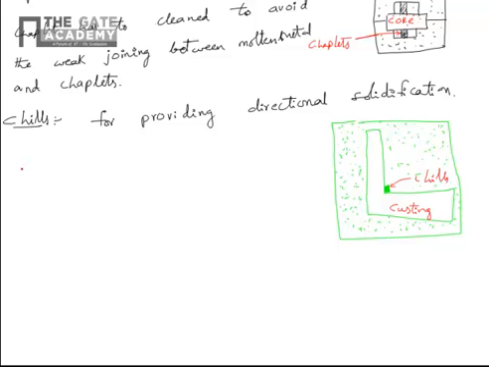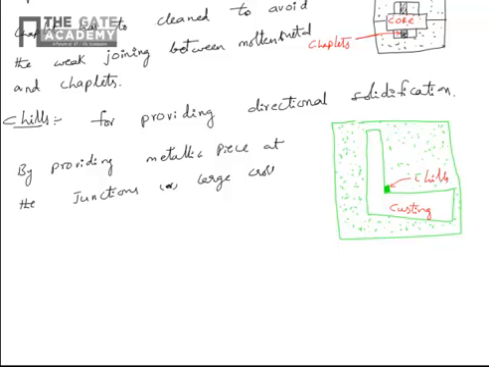Providing a metallic piece at the cross sections or junctions, high cross section areas, the heat transfer will increase.